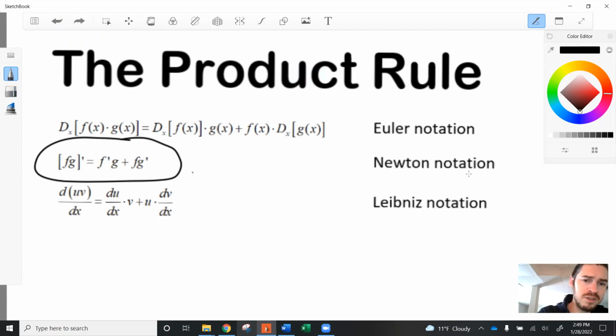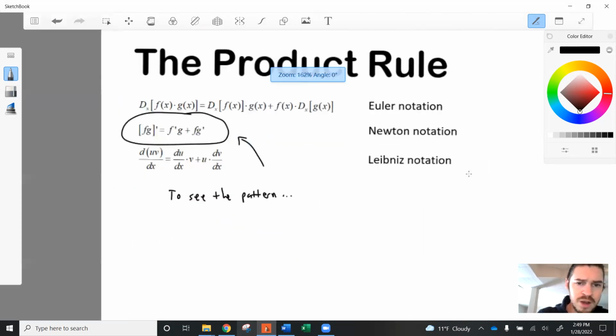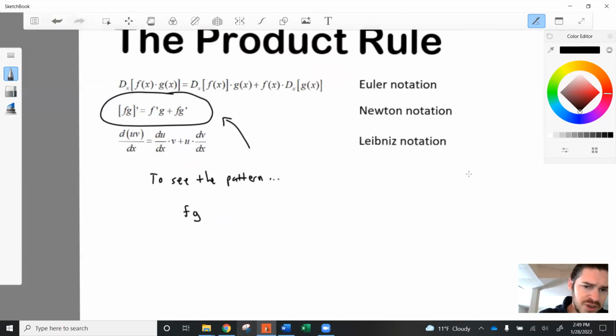It can be helpful to see the pattern. I think it can be helpful to see how it extends. If you had three functions multiplied together, f times g times h, and you wanted to take the derivative of a product of three functions, what you would do is take the derivative of one function at a time. You'd say, let's take the derivative of f and multiply that by g and by h, and then add another term.